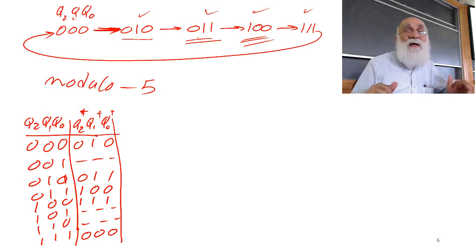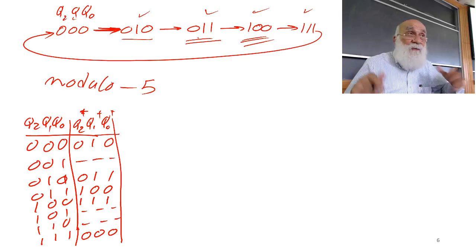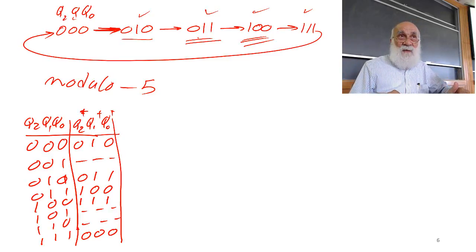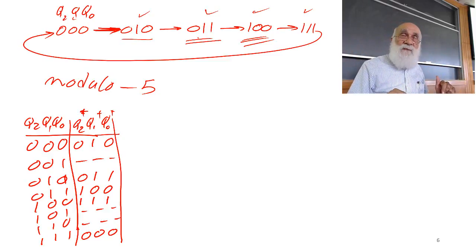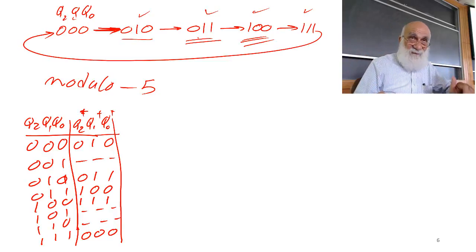But see, I'm not finding any pattern here. Maybe if I look, I will find something. But the right way of doing it is to go through generation of Boolean expressions for each input of the flip-flop.